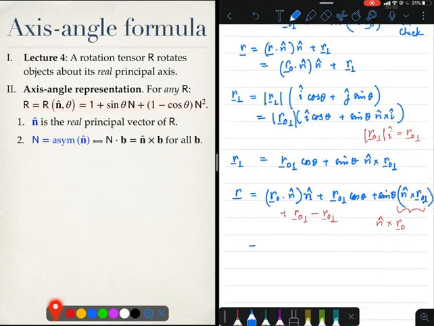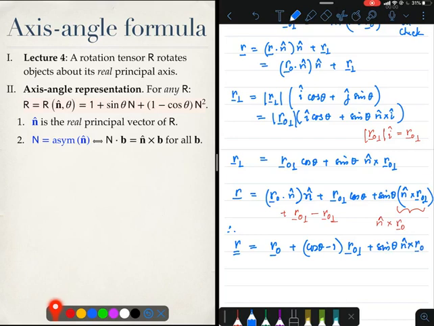So then r becomes equal to, I have added and subtracted these, so these two will combine to give me r0. That's what I am going to write down, r0, right? So that is these two. Then I get cosine theta minus 1 r0 perp plus sine theta n cross r0.